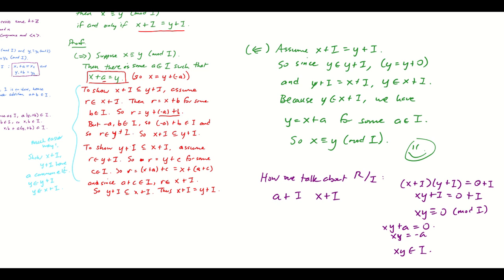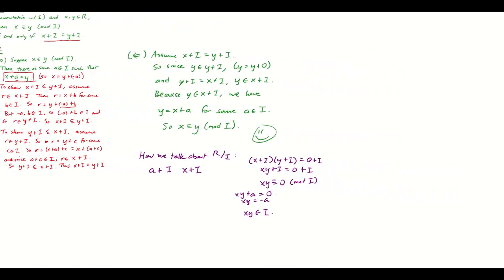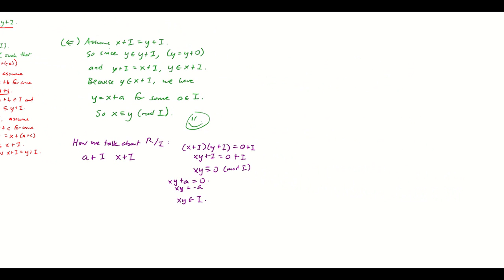Okay. And another thing about this is, eventually we sort of grow out of having to constantly talk about the cosets, like having to refer to everything as a coset. The way that we avoid that is, I'm going to say in the future, and by future I mean starting now, we can write x plus I as, and I think you're going to find this notation to be somewhat familiar, brackets x.